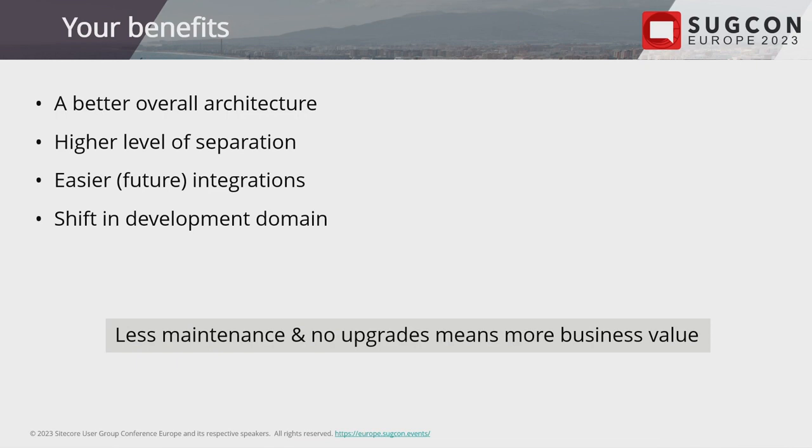And the obvious one, but a great one, you have less maintenance and no upgrades anymore, so more business value. So in the greater scheme of things, it really helps your project move forward and be more innovative, more valuable, and it's a great accelerator in many ways in that regard.